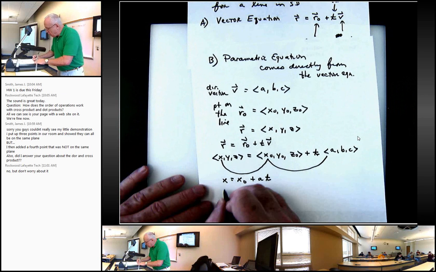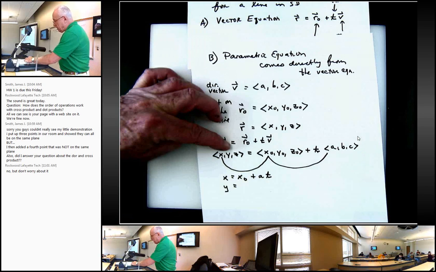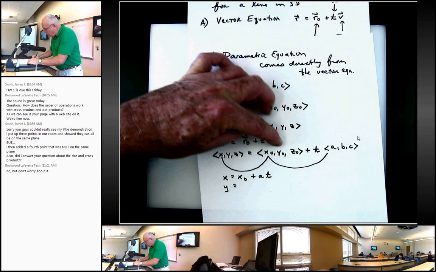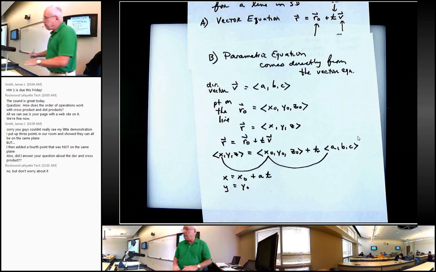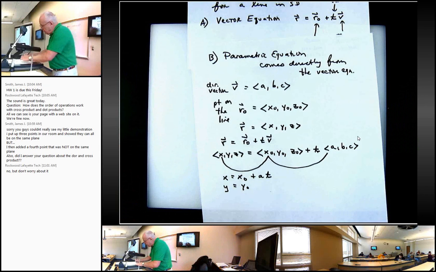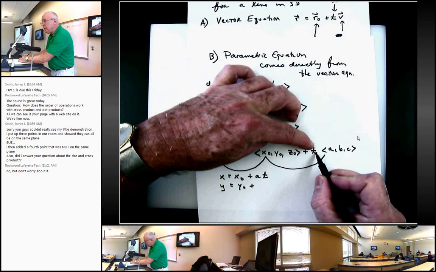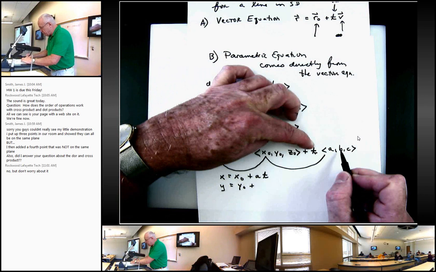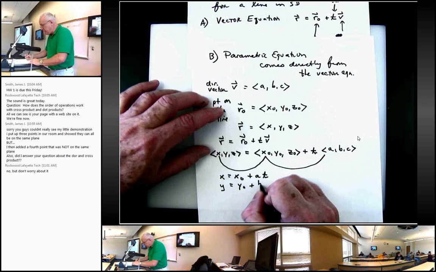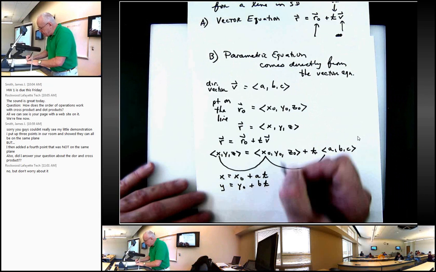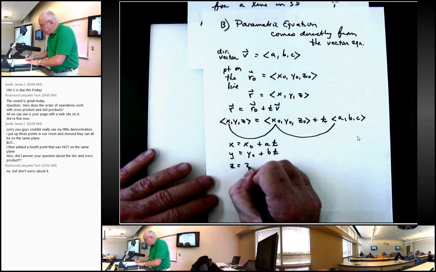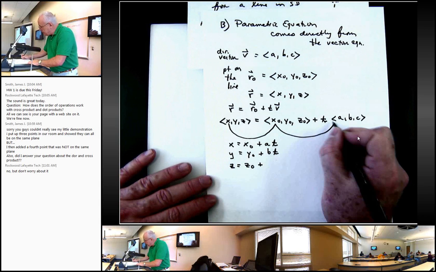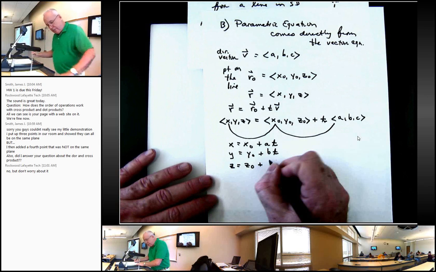Similarly, our second component, y, equals y naught plus t times the second component of the direction, b times t. And I do the same thing with z. z is equal to z naught plus t times c, or c times t.